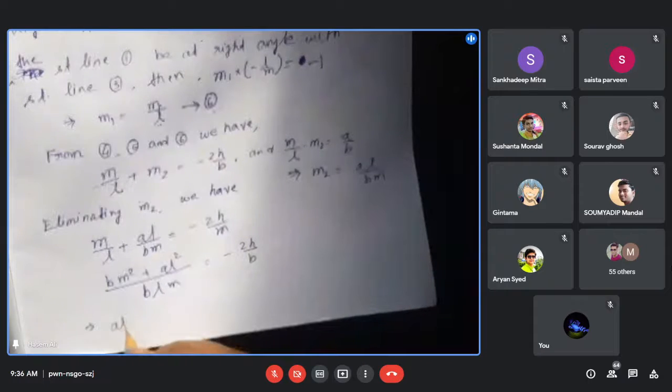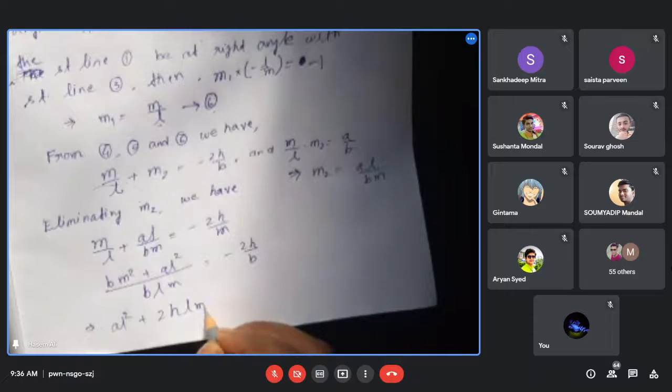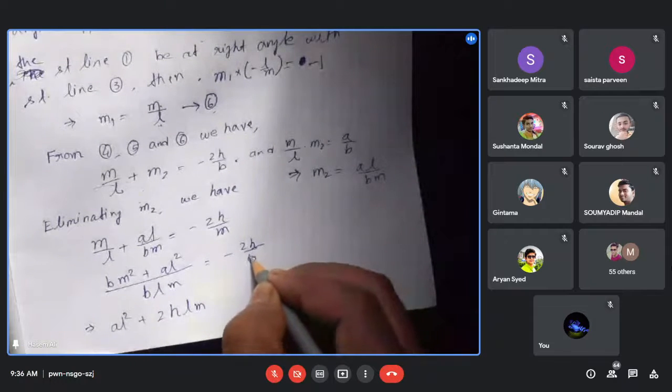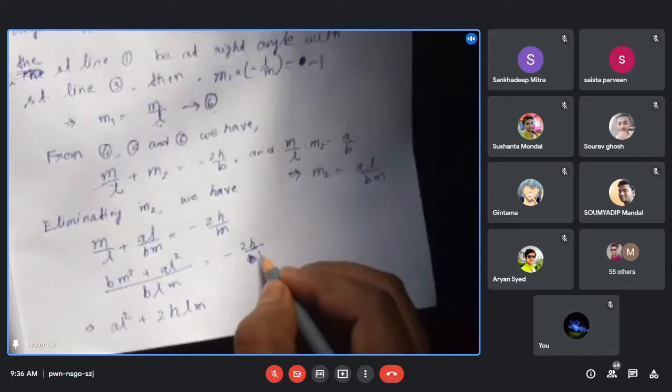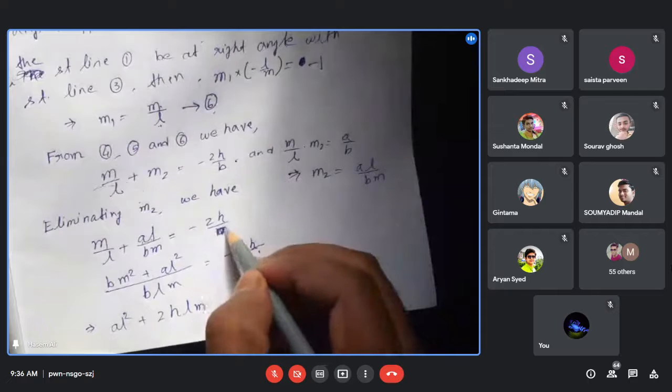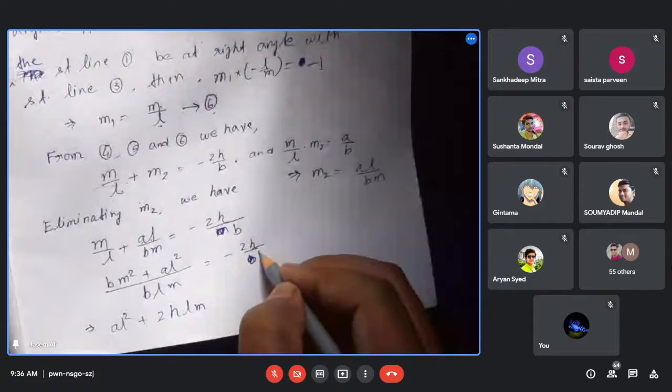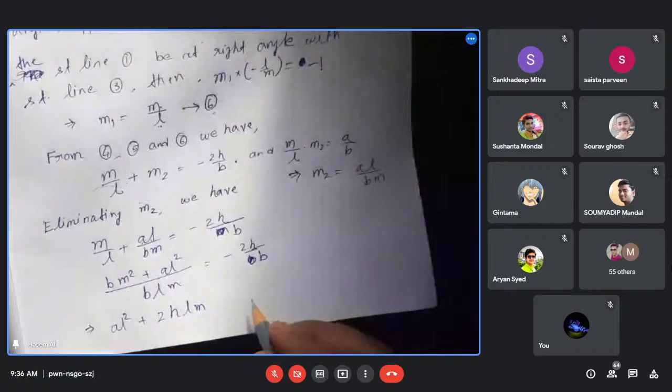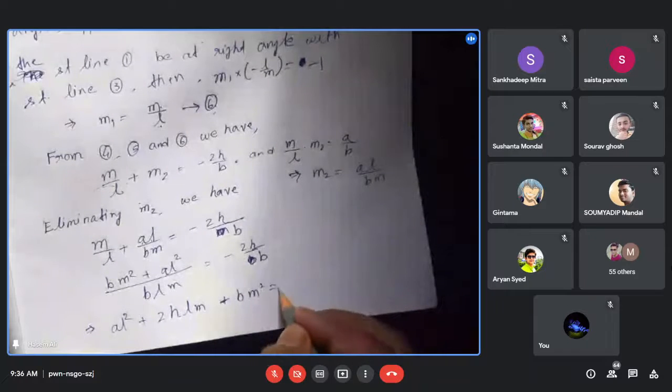So AL square plus 2hlm, sorry, this is B, 2h by B, plus bm square equals 0.